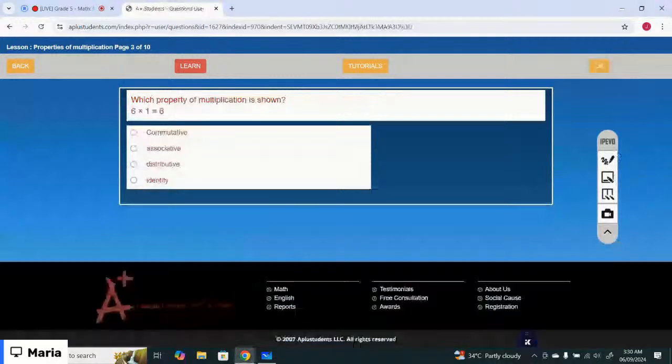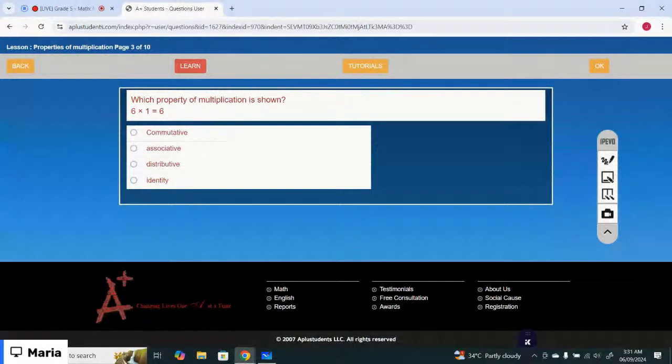Okay, which property of multiplication is shown? 6 times 1 equals 6. Which is the correct option? 6 times 1 equals 6, right?